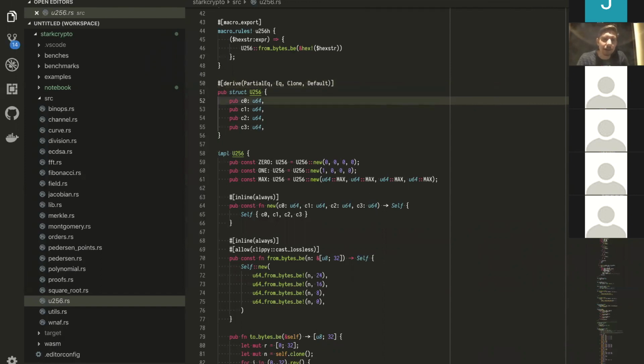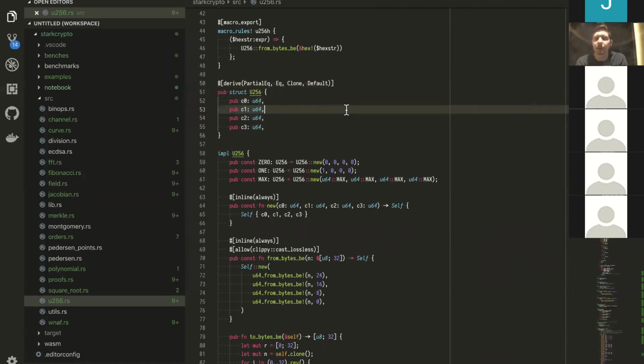So in this case, it's being constructed out of 4 64-bit integer types. Together, that gives you 256 bits, which is sufficient to store every field element. 64 bits is sort of optimal for modern CPUs because this is the largest integer size that fits in a register and that has native operations.